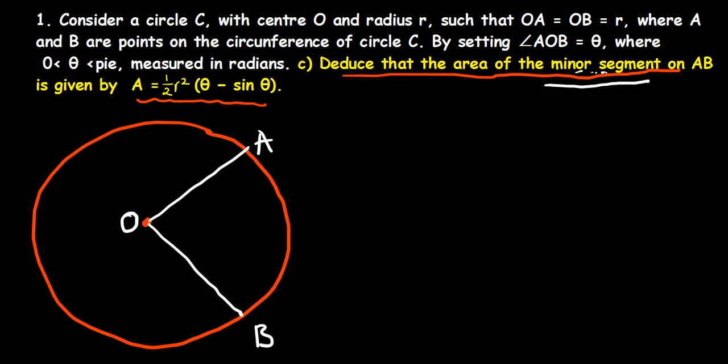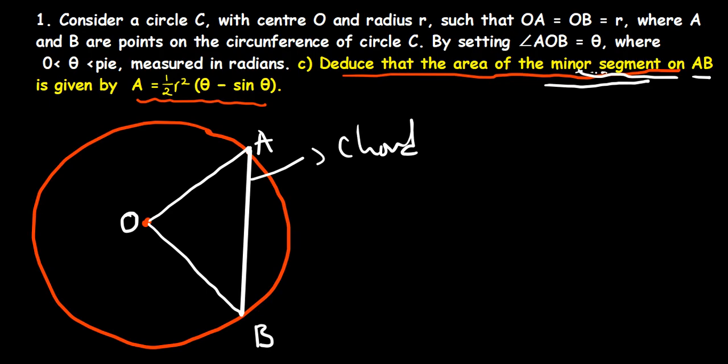Since it's a minor segment on AB, it's going to come from A and go to B. So from A to B I'm going to draw a line like this that goes to B. This line that I've drawn is the chord.